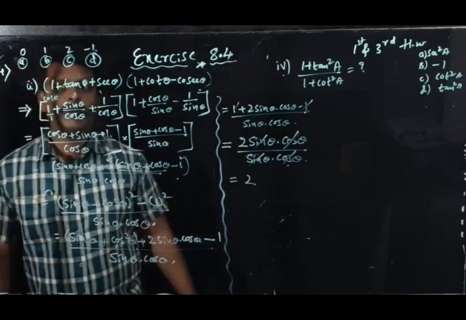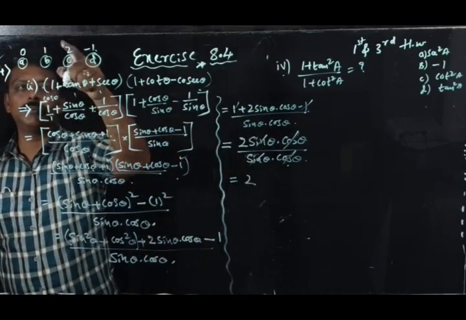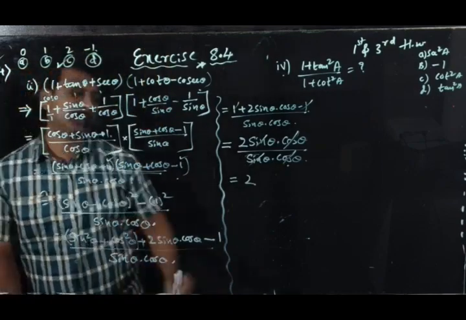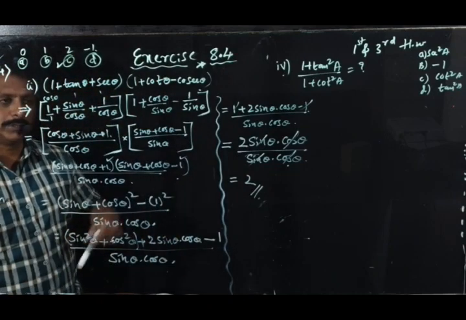So this is your final answer. Look at the options: A option 0, B option 1, C option 2, D option minus 1. Which one is correct? C option is correct. So this is the end of the second question.